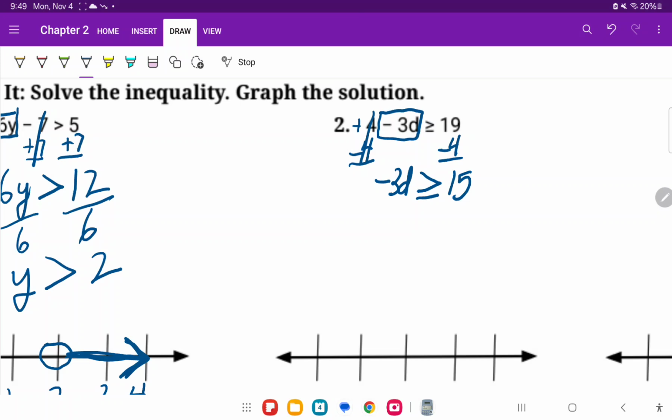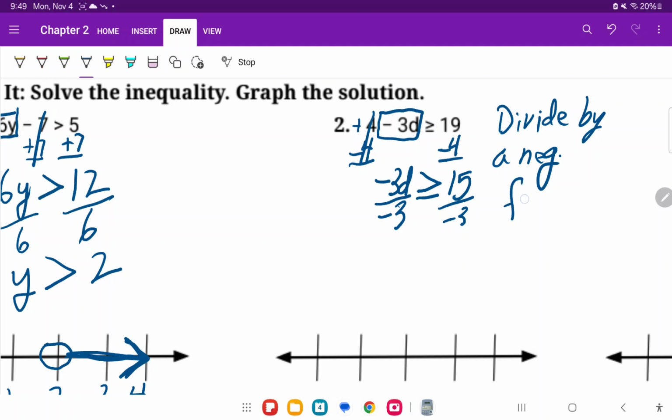So then we want to get the d by itself. So we'll divide by negative 3. All right, well, remember, when you divide by a negative, you have to flip the sign. So this is going to cancel and left with d. Flip the sign, and then that will be a negative 5.